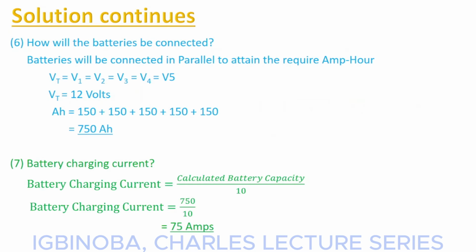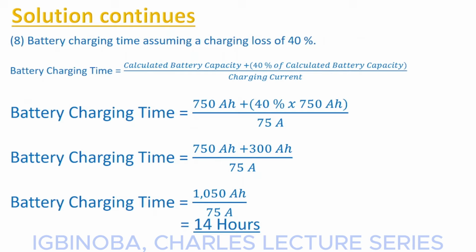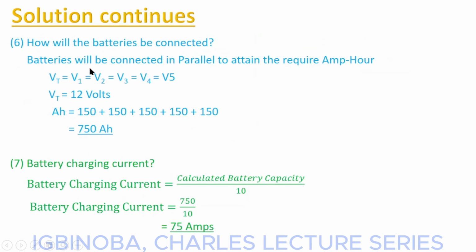Then we'll go to the next question. How will these batteries be connected? The batteries will be connected in parallel to attain the required amp hour. So we need to connect these batteries in parallel so that we'll be able to achieve our amp hour.